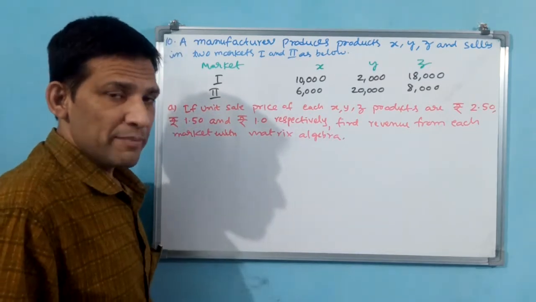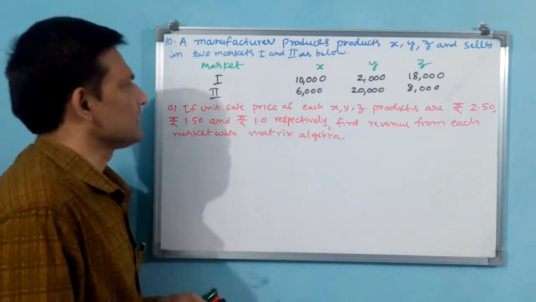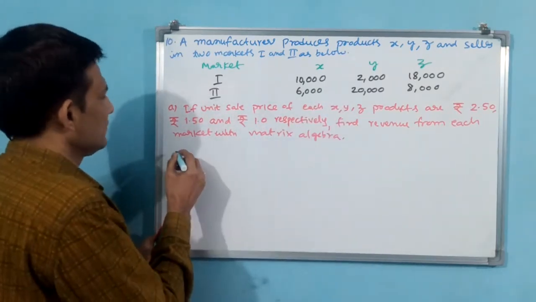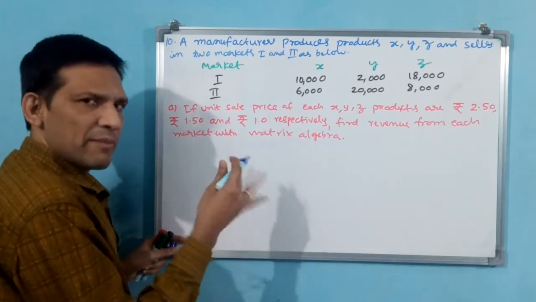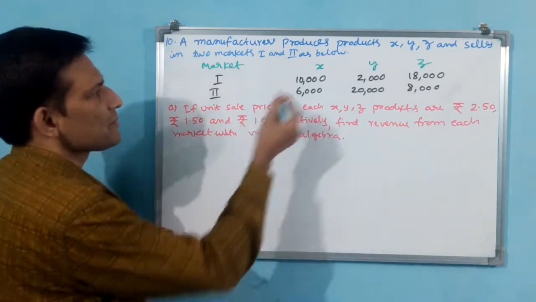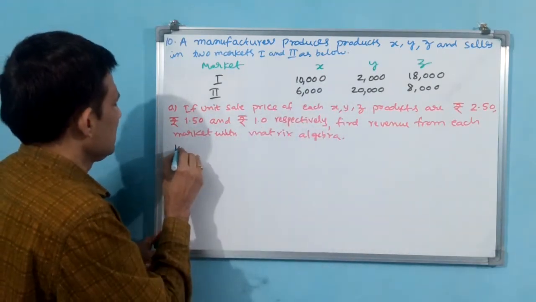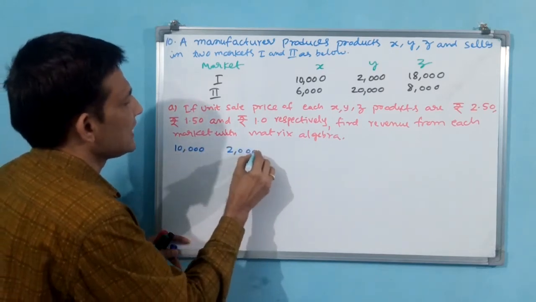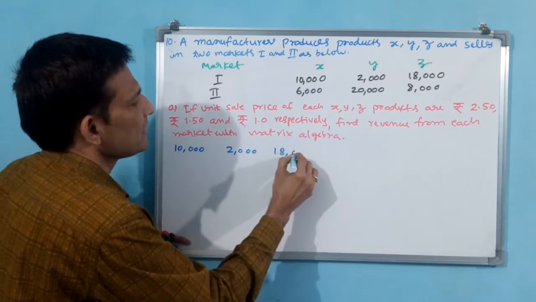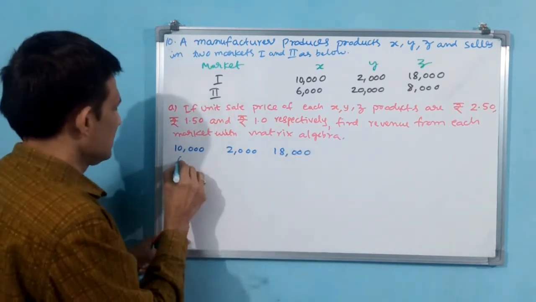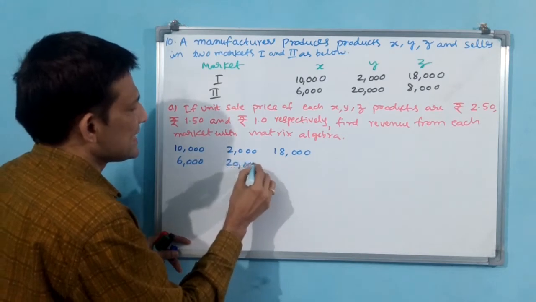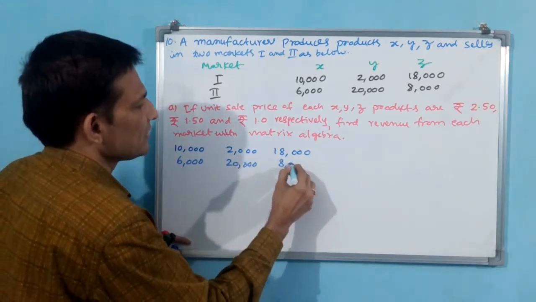See, this is to be done by matrix algebra. We are in matrix only. Let us write this in matrix form. I am not writing any steps; if you want, you can write the steps. The first matrix is 10,000, 2,000, 18,000 in the first row, and 6,000, 20,000, 8,000 in the second row.